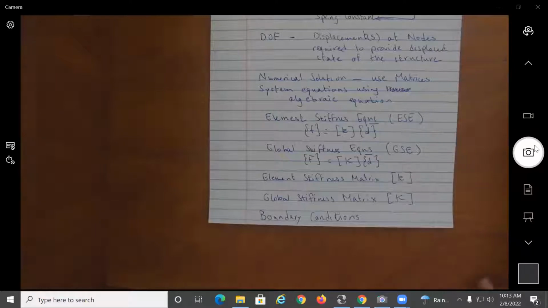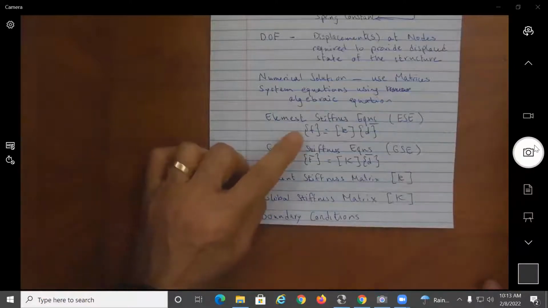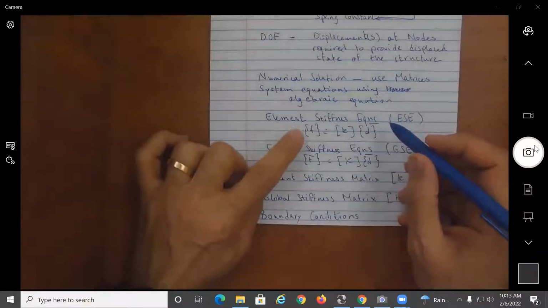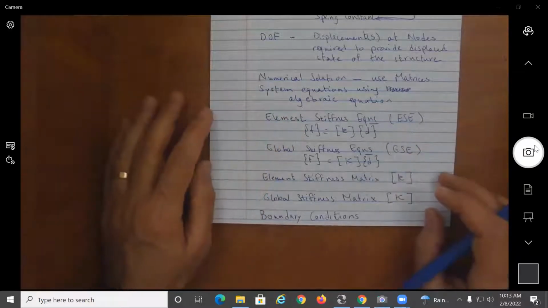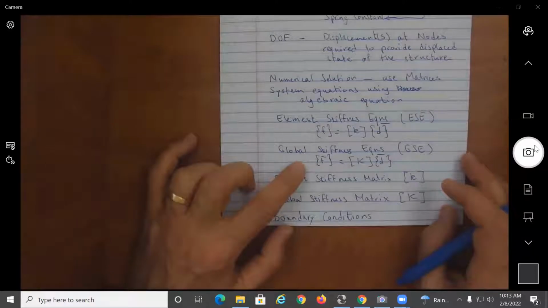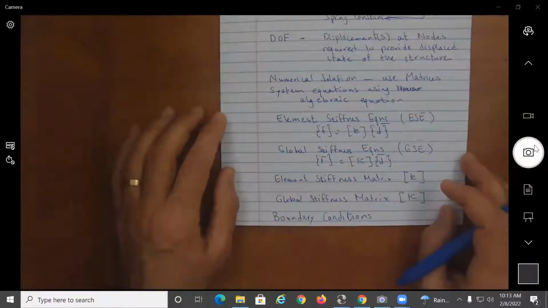I think this was most of the vocabulary we used. The lowercase f here is for element forces, and the uppercase F for external forces.